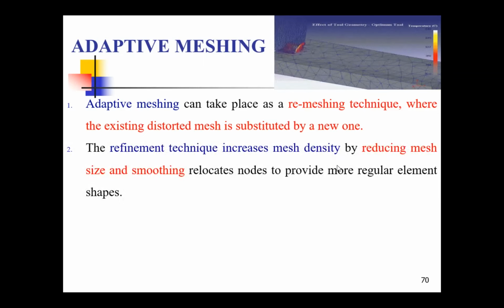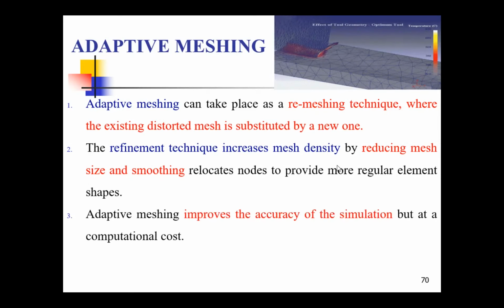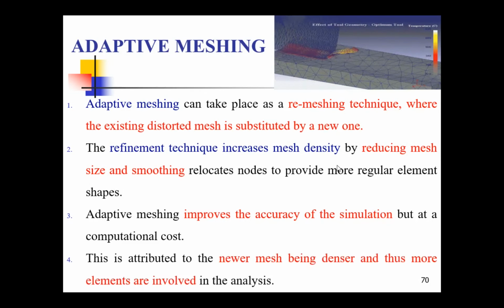This refinement technique increases the density of the mesh by a smoothing process, so that accurate results can be predicted. So this adaptive meshing increases the accuracy of the simulation, but the computational time will be higher.